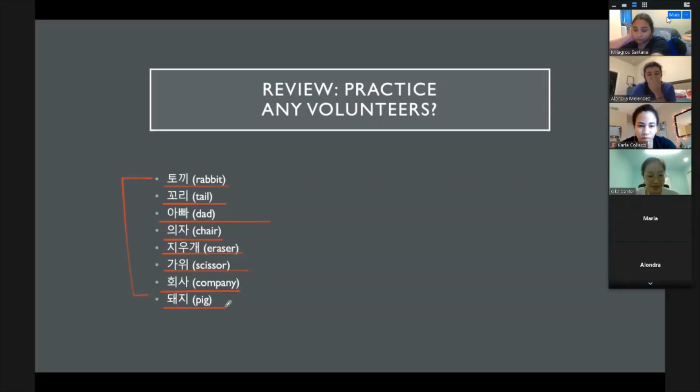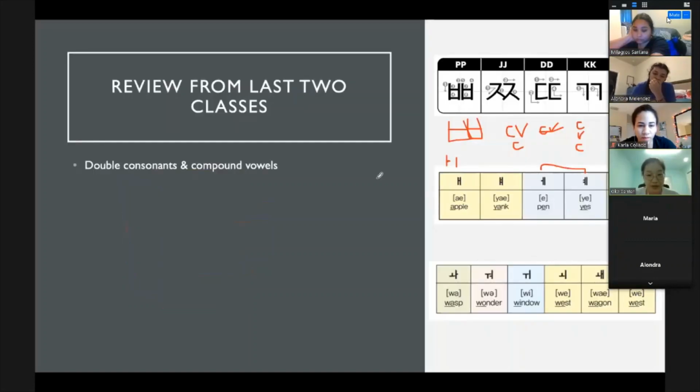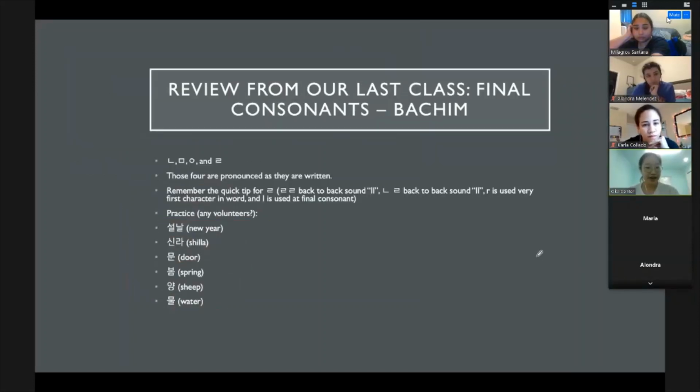돼지, yes, perfect. So far we've already learned all the consonants. We learned the double consonants. We learned all the vowels, compound vowels, and then we learned that the pachim, the very simple ones, niun, mium, iung, liur, those are pronounced as they're written.